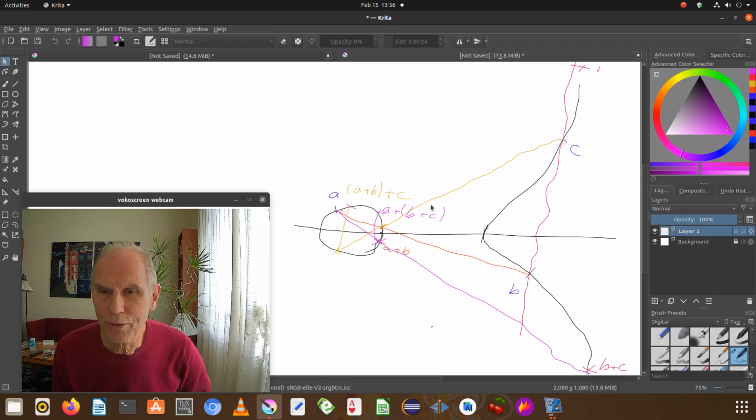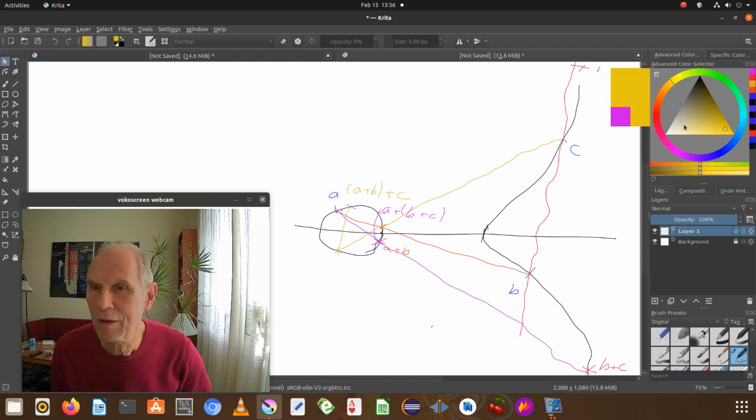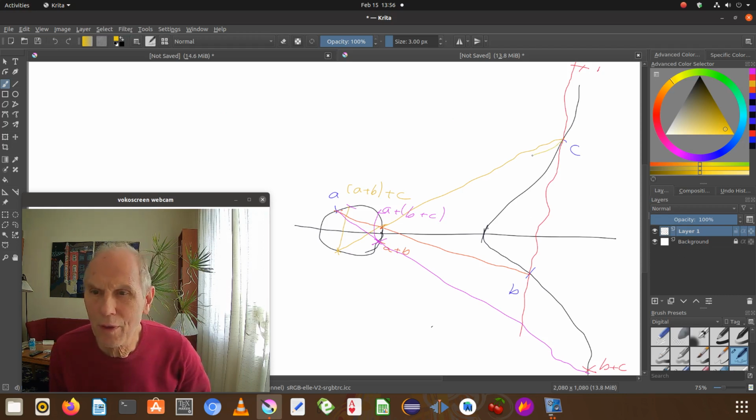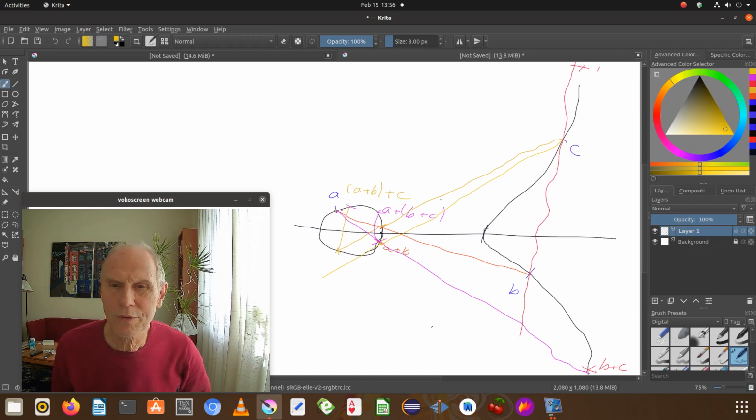Oh, so this one goes down here, where this one, A, B plus C, should go through as well. So this one and this one should go through the same point. A plus B plus C.